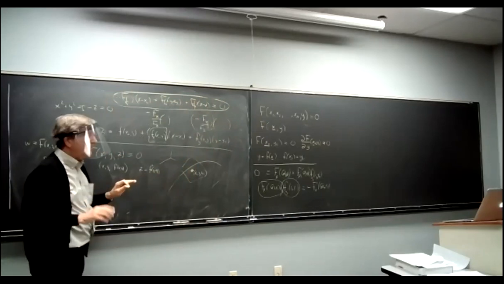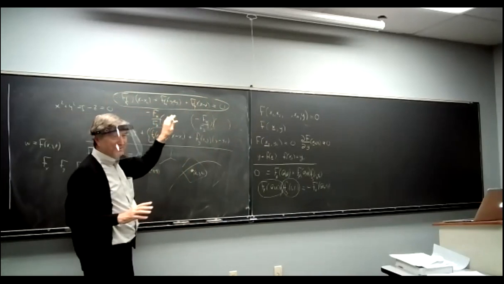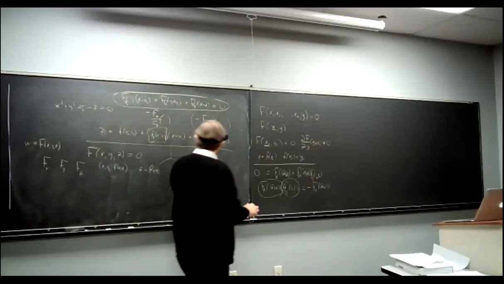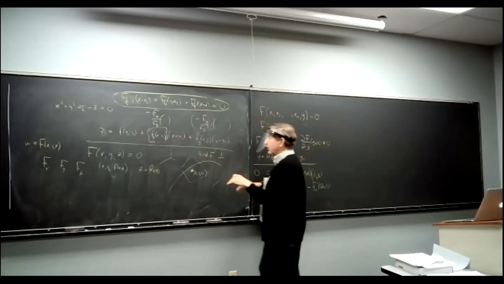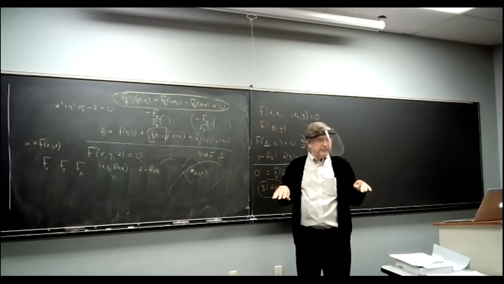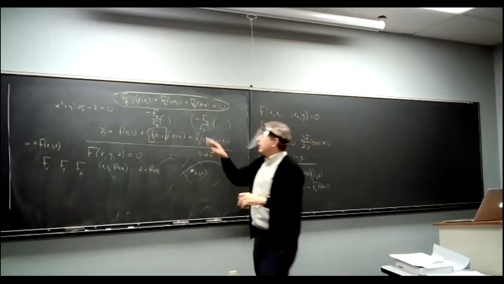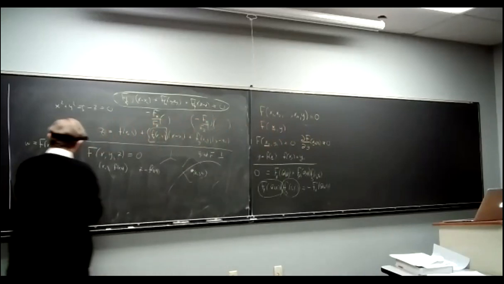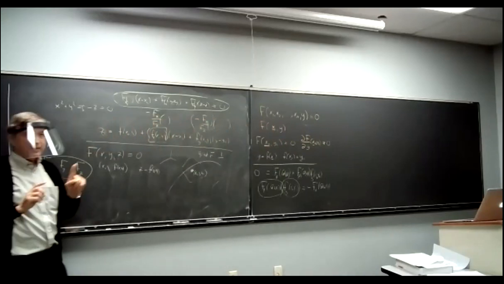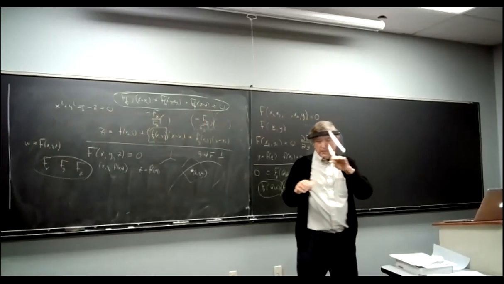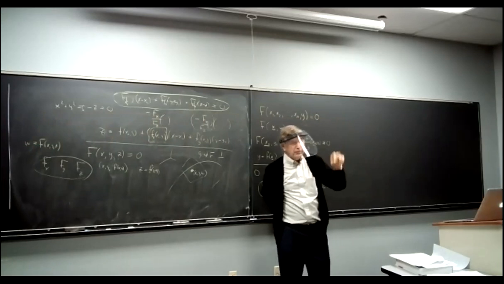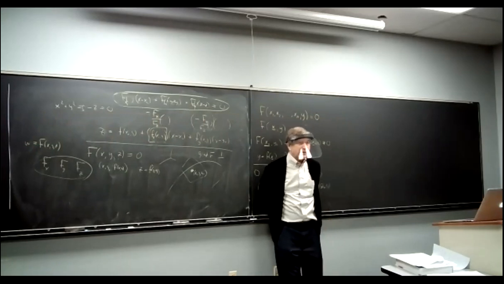Now, so what? That's the dot product of things. What that says is that the gradient vector of f is perpendicular to the surface. In other words, the capital F sub x, y, and z give me a gradient vector, and when you put those in front of x minus x naught, y minus y naught, z minus z naught, you get a plane, the tangent plane.